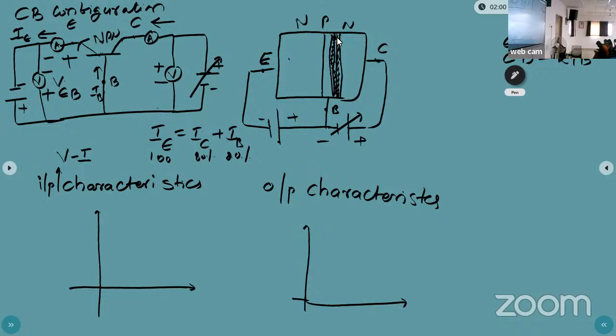So the base is likely to have fewer charge carriers, that means weaker, so the increased junction width is spreading into the base region because the base is the weaker region and the charge carriers are very few. Almost 90% or 80% of the region is reaching into the base region.